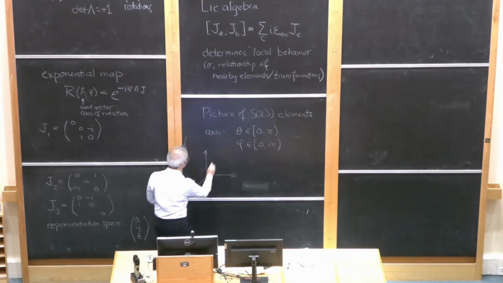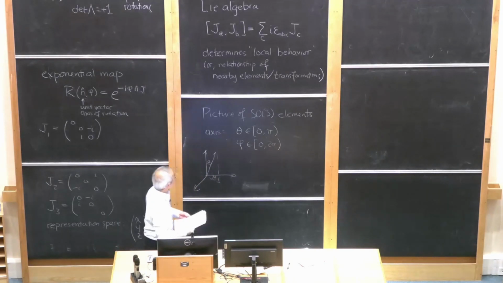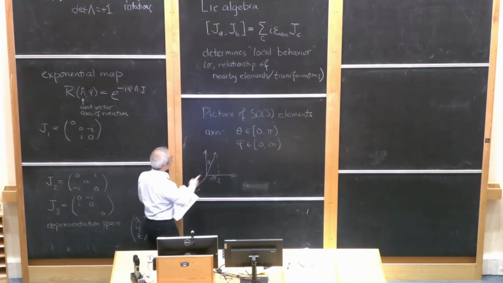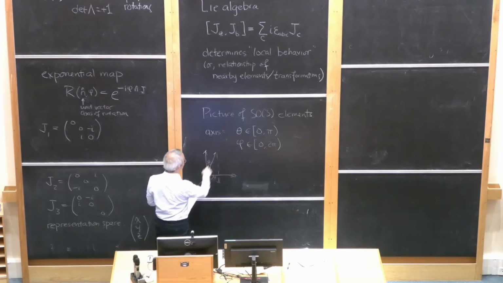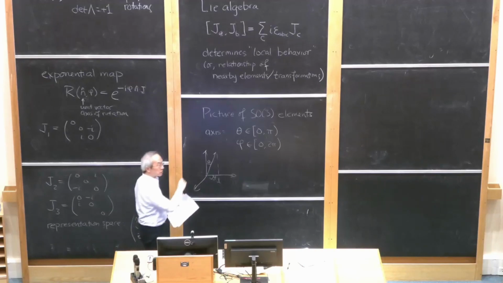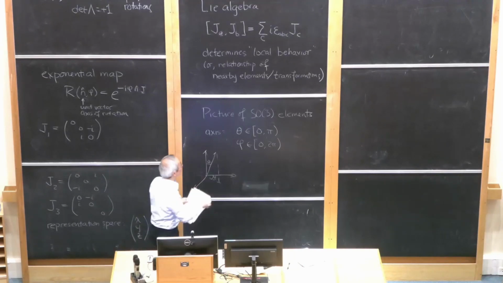So you get your vector pointing off in some direction. And then you have the amount of the rotation, and that will actually be the length of this vector, just in terms of visualizing the parameter space.